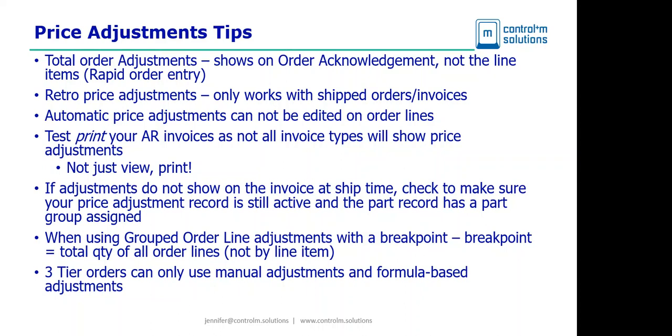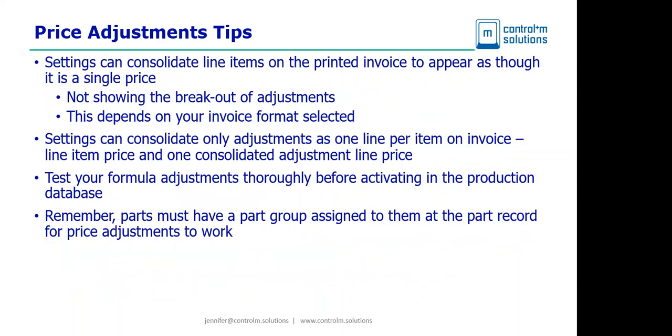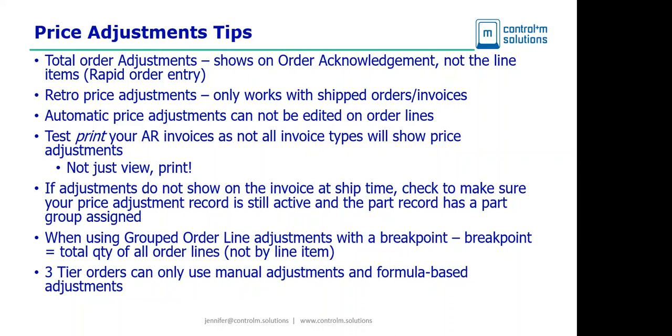Please test print your AR invoices. Not all AR invoice formats will show price adjustments. If for some reason your adjustments don't show on the invoice at ship time, check to make sure that your price adjustment record is active and that your part record does have a part group assigned to it.